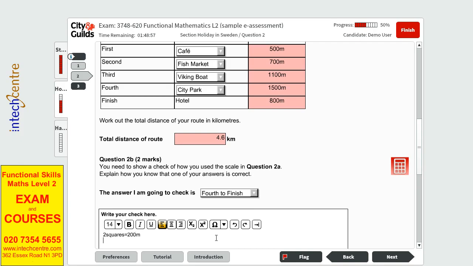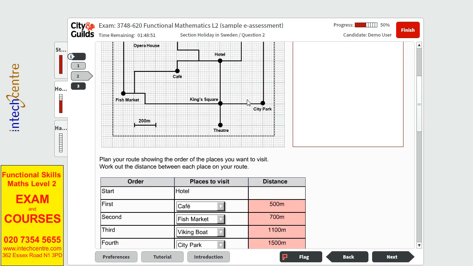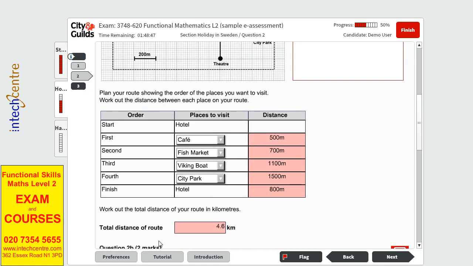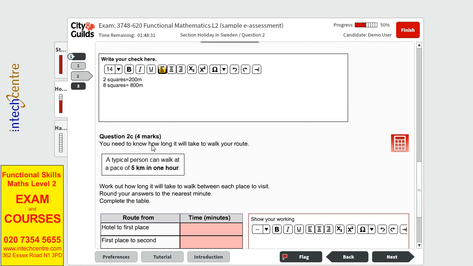And then 8 squares, because that's how many we have from 4 to finish, if we count again. 1, 2, 3, 4, 5, 6, 7, 8. So 8 squares equal to 800 meters. And this is how I get 2 more marks in your exam.